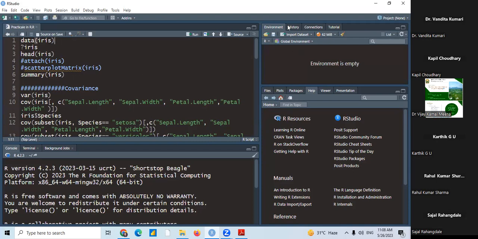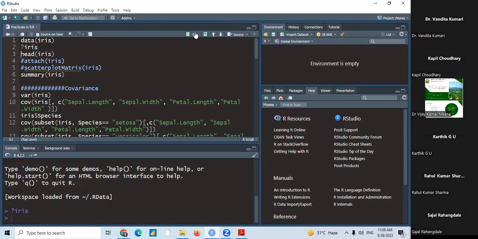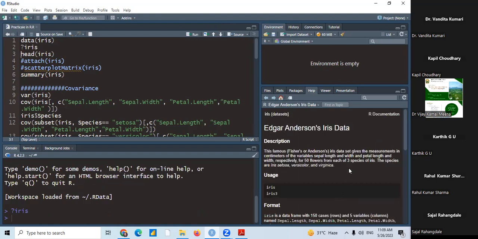So we are going to work on this iris data set. What is this iris data set? If you put a question mark in front of iris and run, you can find the description of the data in the right hand side window.